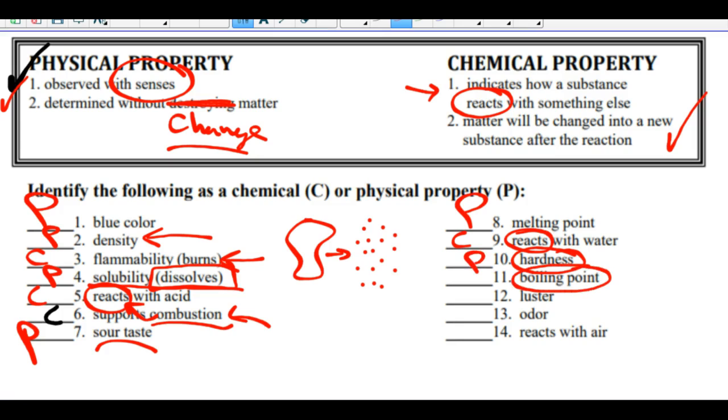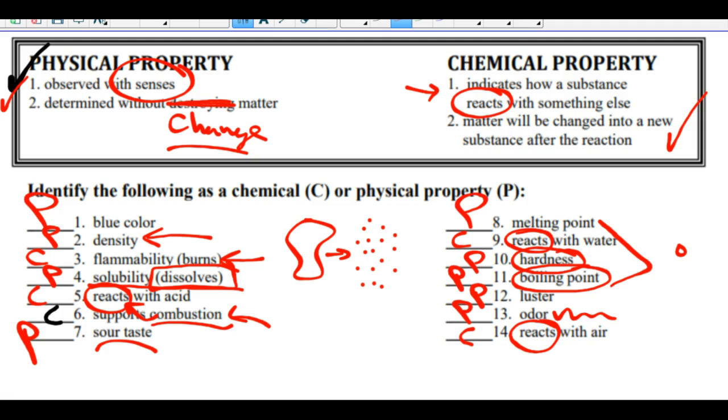Boiling point, any of these are just temperatures that certain things do certain changes, but they aren't really reacting with anything, they're just melting and or boiling, so that's physical. Luster means how shiny it is, so we can observe that with our eyes, that's physical. Odor, I actually don't like smell, but in this instance we'll say that's physical. Reacts with air, that is a chemical property as well.